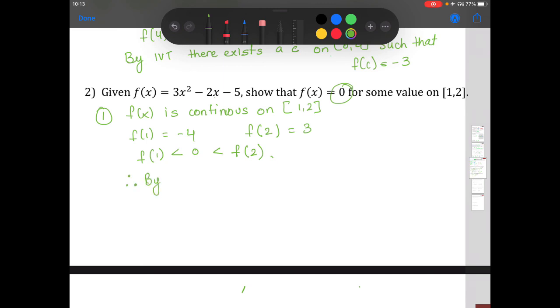Therefore, by intermediate value theorem, there exists a c on the interval 1, 2, such that f of c is equal to 0. You have to mention the interval. So this is how you basically do these questions. So try your problem set and good luck.